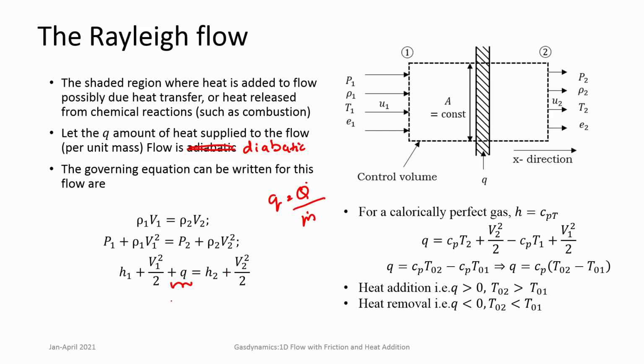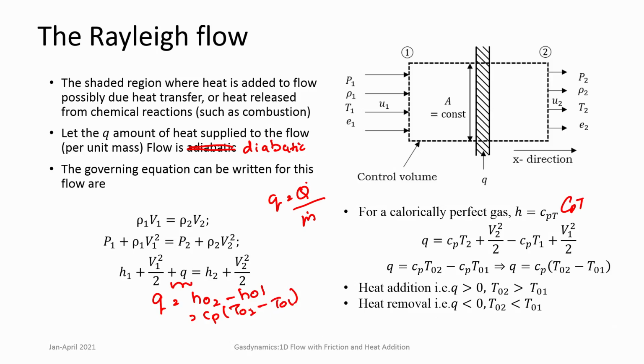For a calorically perfect gas, h is Cp multiplied by T. So, Q is essentially h naught 2 minus h naught 1, which is Cp times T naught 2 minus T naught 1.